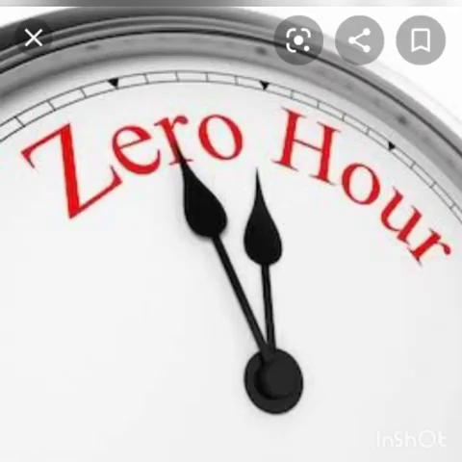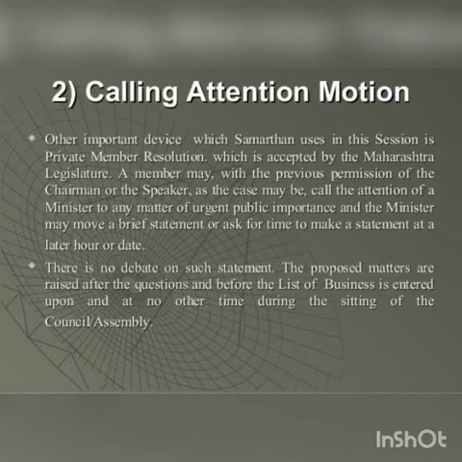Another device that the Parliament makes use of is the 0 hour. The time that follows the question hour is known as the 0 hour. It is held at 12 noon. Another parliamentary device used by the Parliament is calling attention motion.